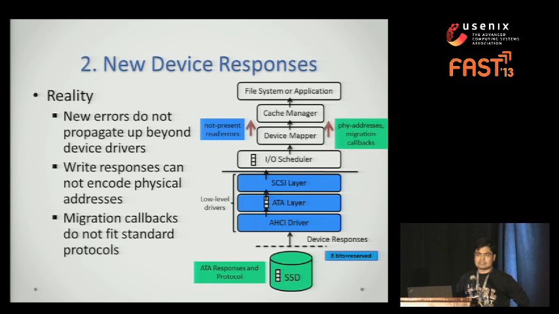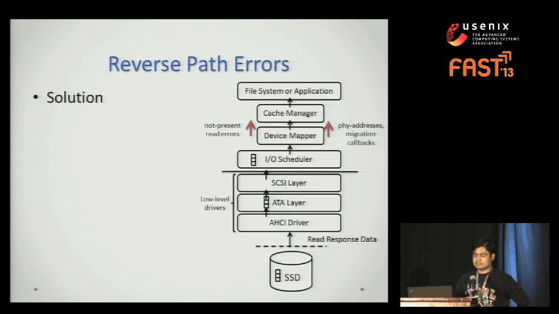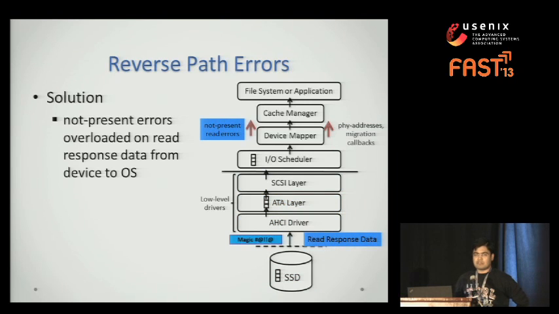Similarly, for migration callbacks, unlike network drivers, storage drivers are complex, and they cannot solicit unsolicited interrupts in the same manner as network drivers. So what we had to do was bypass the standard protocols and the standard way of interrupting, because those changes would be quite invasive.